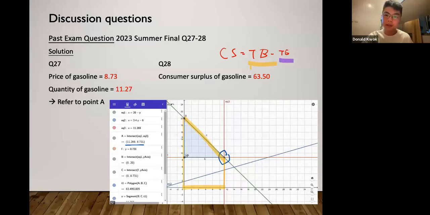While the total expenditure will be the equilibrium price multiplied by equilibrium quantity. So this purple rectangle will be the total expenditure. And this explains why the consumer surplus is the orange trapezium minus the purple rectangle, which is essentially the blue triangle on top here. So using a polygon function in GeoGebra, we will be able to find out the area 63.5 here.